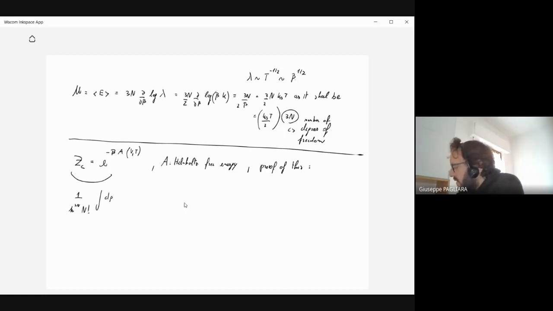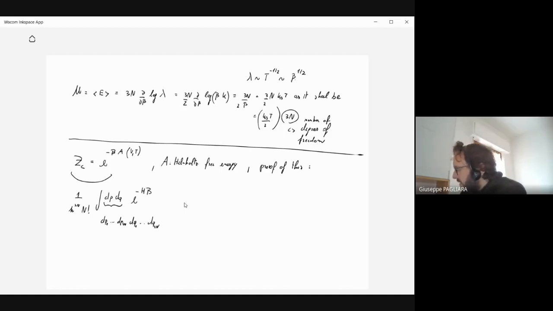Here you have a dp dq, which stands for dp1, dp3n, dq1, dq3n. Let me just write dp dq, but I mean the integration over all the possible variables and momenta of e to the minus h beta.